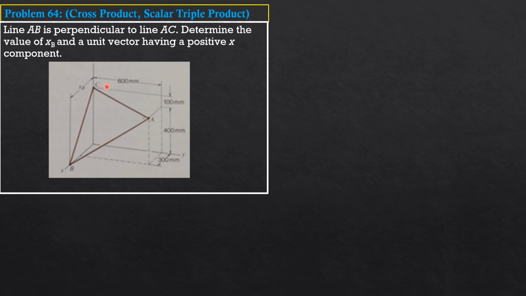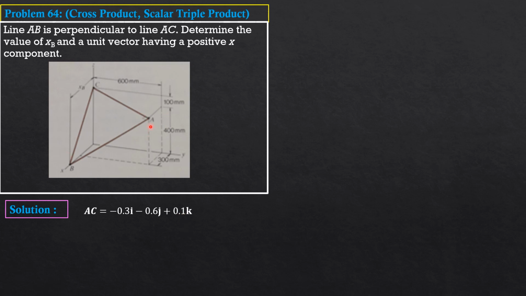So it is magnitude of AC, magnitude of AB, cosine of 90. Cosine 90 is 0. So AC is going backward, negative 0.3 I, leftward, negative 0.6 J, upward, 0.1 K as a vector.